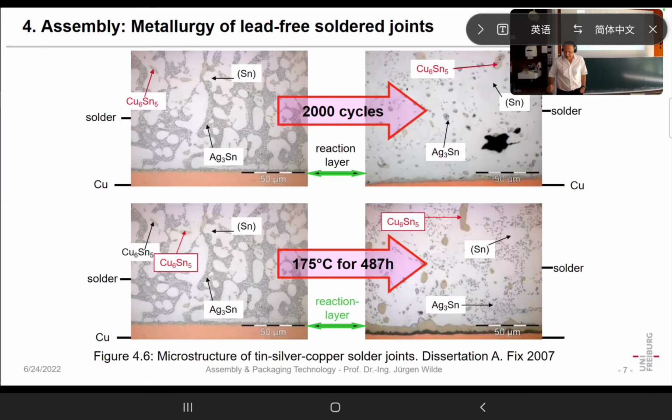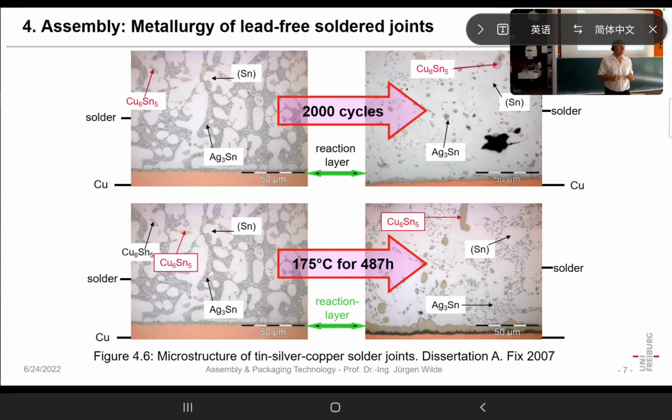It's a crack, yes. And the reason is such intermetallic phases are brittle and they do not tolerate stress concentrations very much. And so a crack was formed. And that's also a result of aging of solder joints. On the interfaces, cracks can be formed.